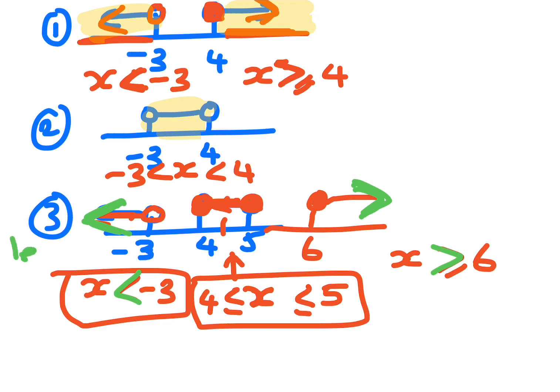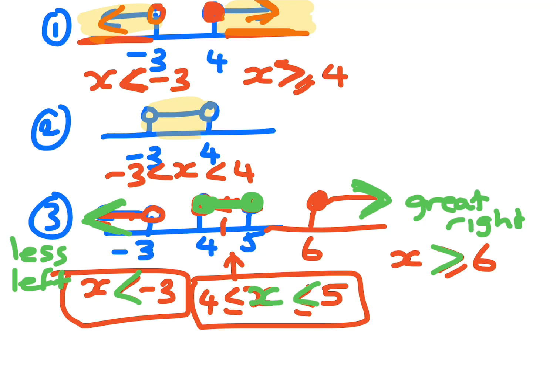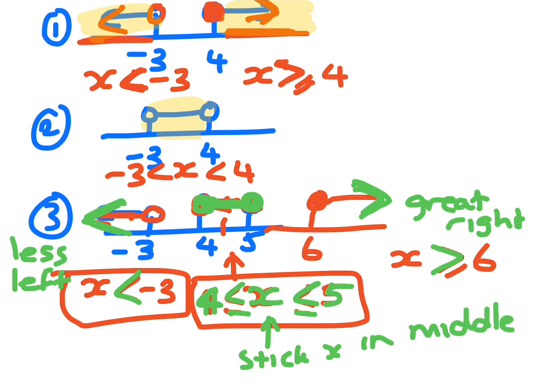The less than points left, and the greater than points right, and the in-between ones, you put the x in between and you point both of the inequality signs to the left, and you put the numbers on the outside, and you stick the x in the middle, because the x is in between the two number values.